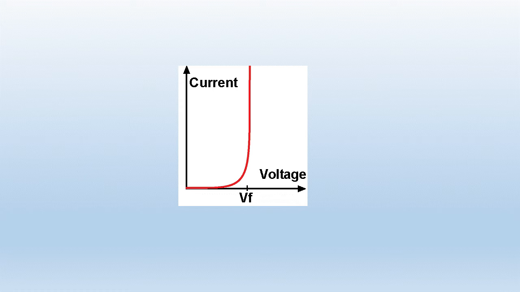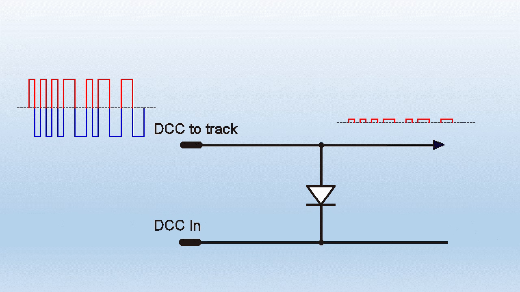Let's look at the effect of adding one diode in series with the DCC. On the left hand side is the incoming DCC signal varying between its positive and negative polarities.